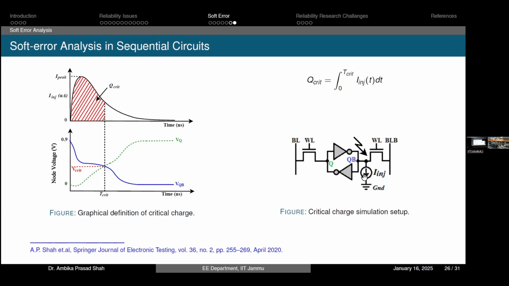Now, soft errors in combinational and sequential circuits are a little different. In sequential circuits, the data flips. In combinational circuits, it generates a glitch that can create one impulse, and if that impulse is controlling something, it might be triggered or turned on or off, which is also a problem.